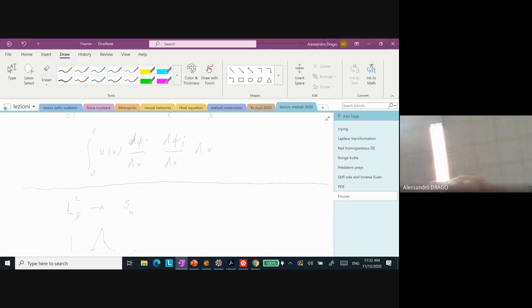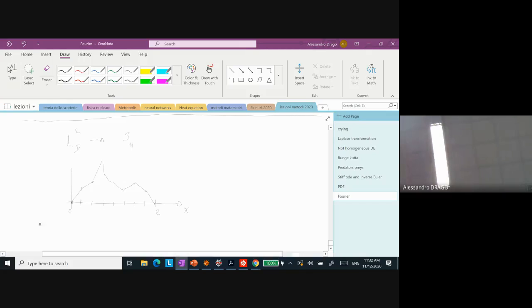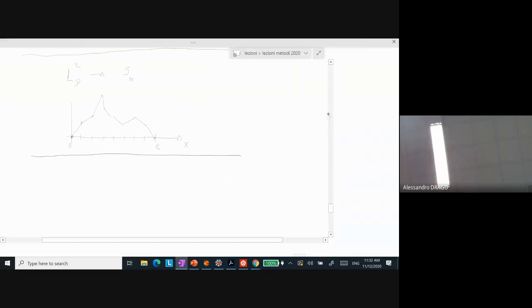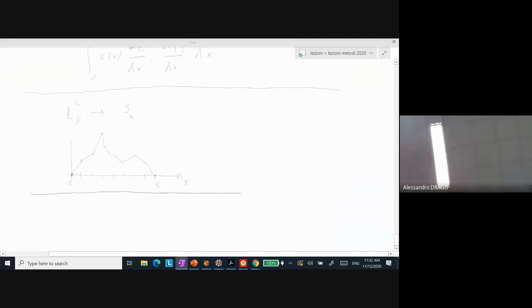Okay, so what I am claiming is that if I restrict myself to this subspace Sn, and if I have introduced that basis of functions that I discussed here, these functions are essentially triangles.